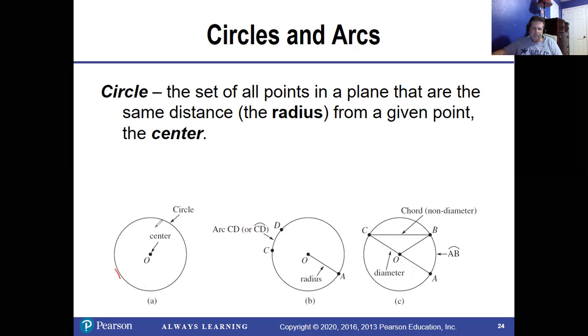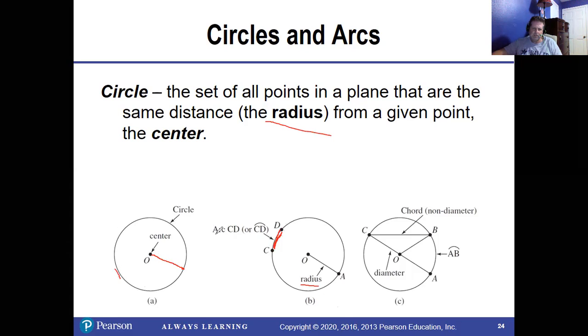You have a radius. Remember what your radius is. The radius goes from the center to any point on the circle. Here we have a radius, OA. Now we also have what's known as an arc. An arc is a part of the circle. It's curved.